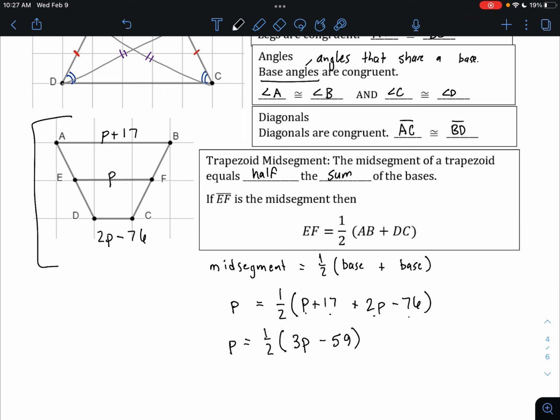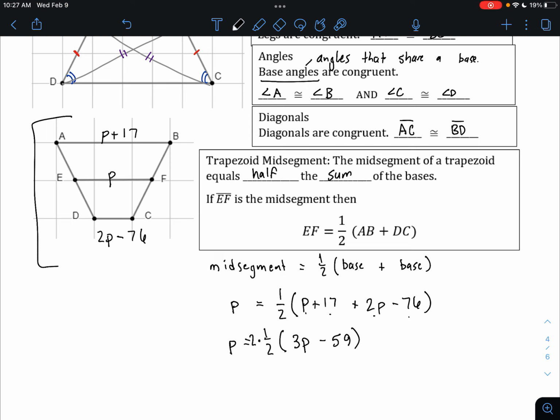Now the next step in the process, I would go ahead and try and get rid of this 1/2, because you don't want to multiply 1/2 by those two things, because those are both odd numbers. If I multiply 1/2 by 3, I'm going to get a decimal, and I really don't want to deal with that. So what I'm going to do instead is I'm going to cancel out the 1/2 by multiplying by 2.